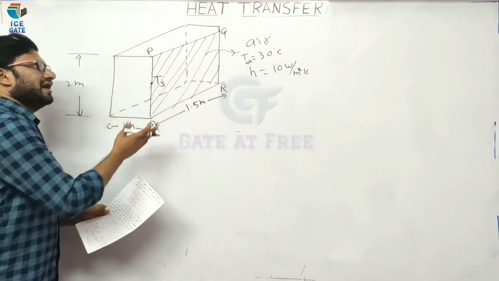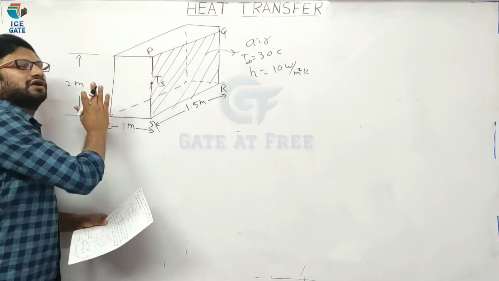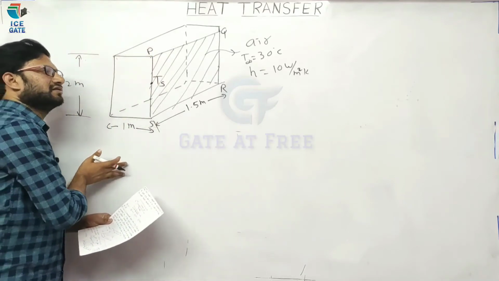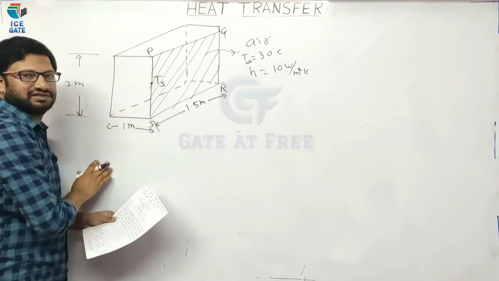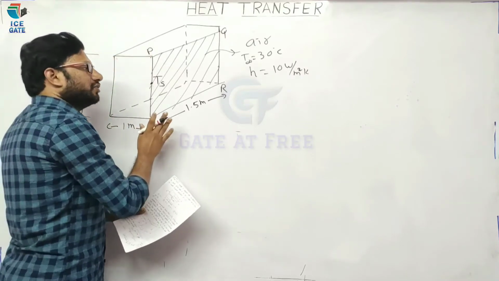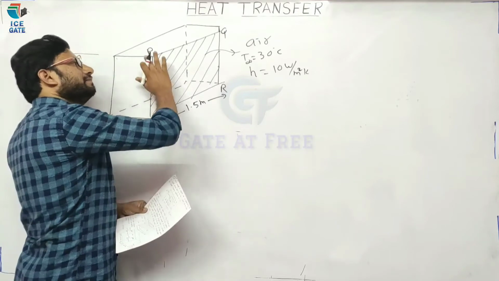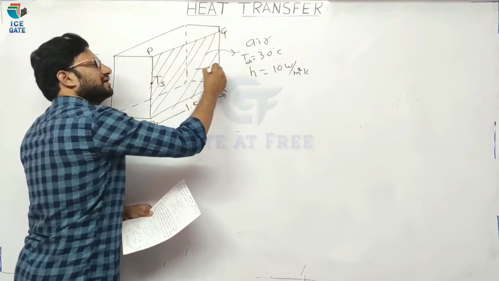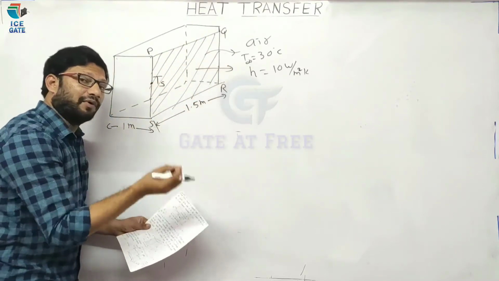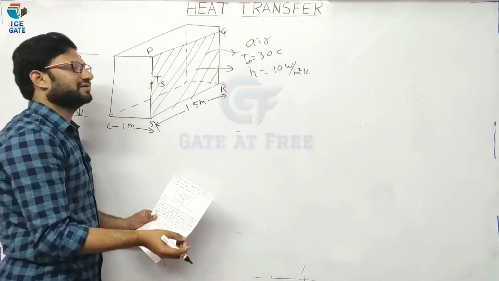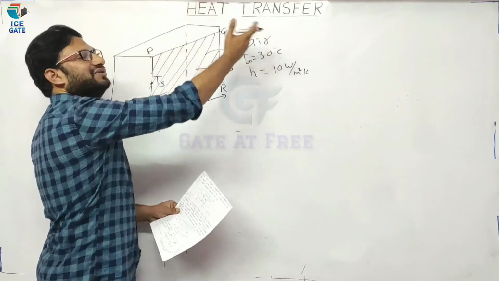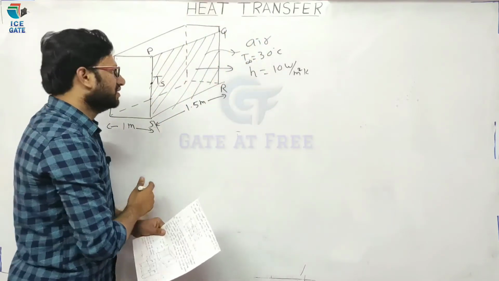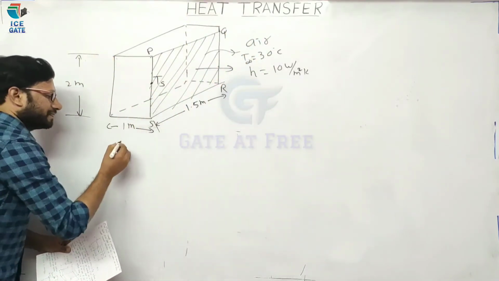Right. As all the other 5 faces are insulated, there is no heat transfer from all other faces. There is only heat transfer from the PQRS plane. So the amount of heat generated inside the body should be convected to the air.